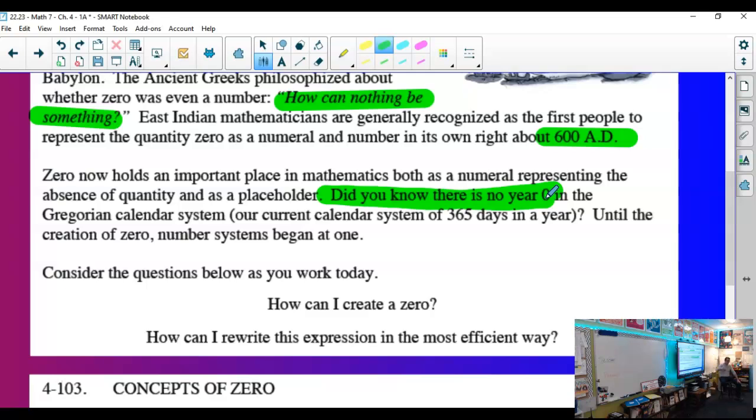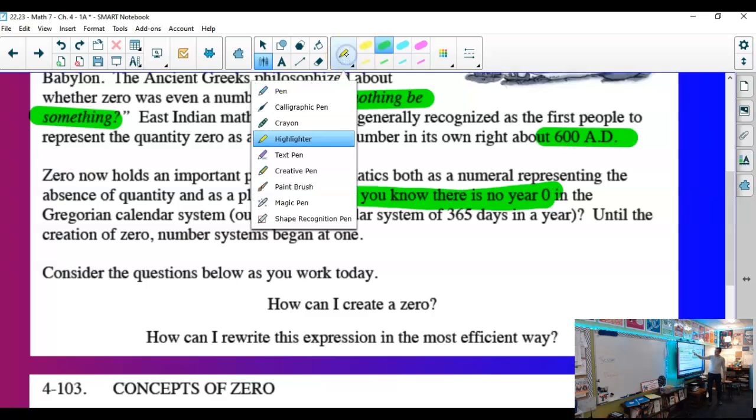Wait, there was no year zero? What if writers that had known about zero wrote down a year with a zero in it, what would they do? That brings up another really good point.